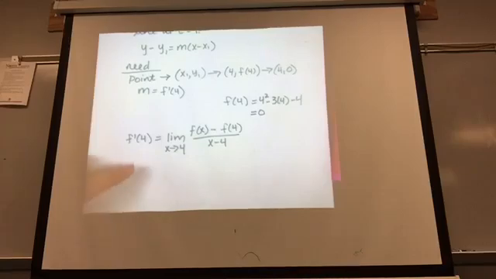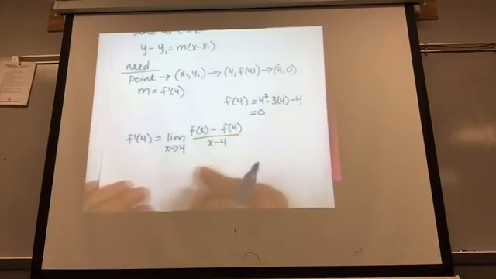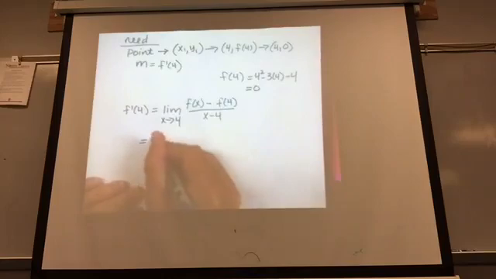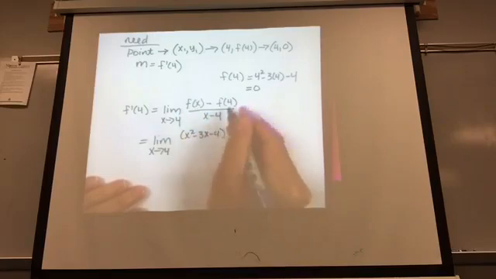And now we just plug in f of x, plug in f of 4, and simplify the limit and evaluate it. F of x is x squared minus 3x minus 4. F of 4 is 0.